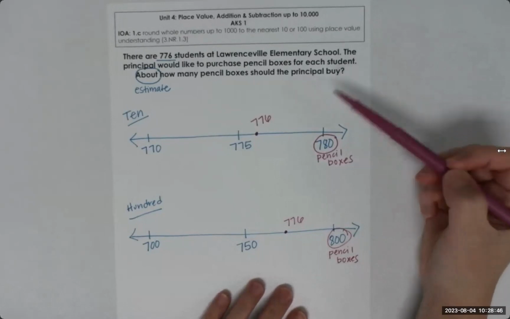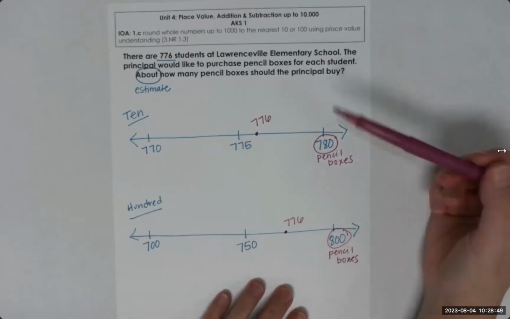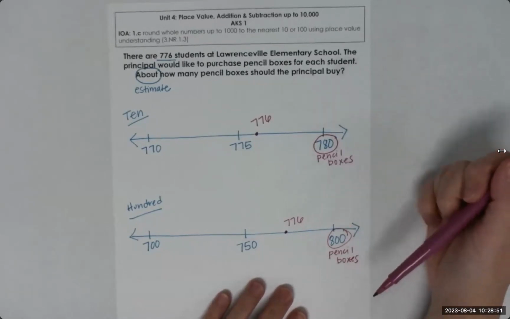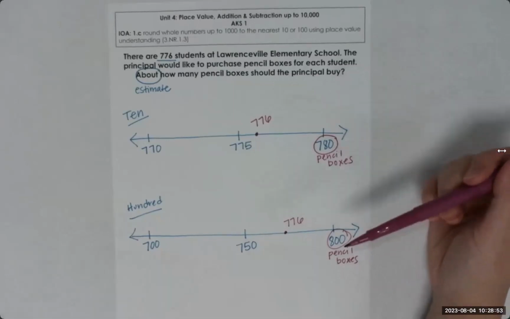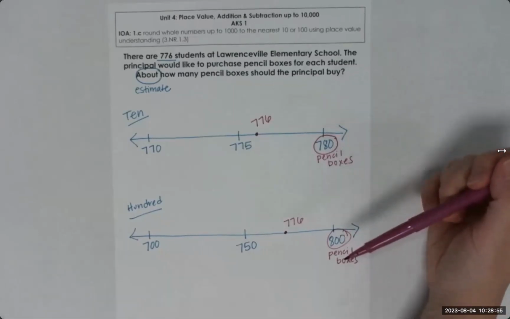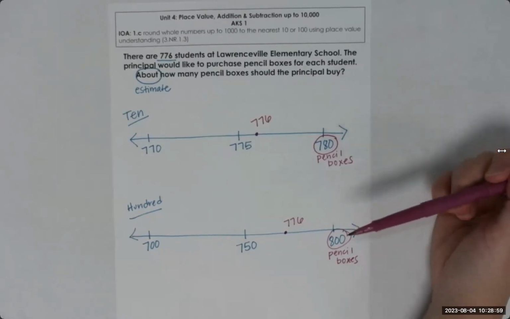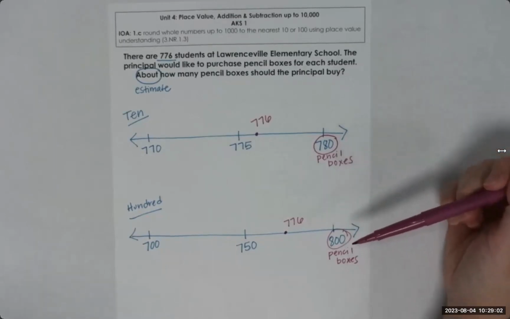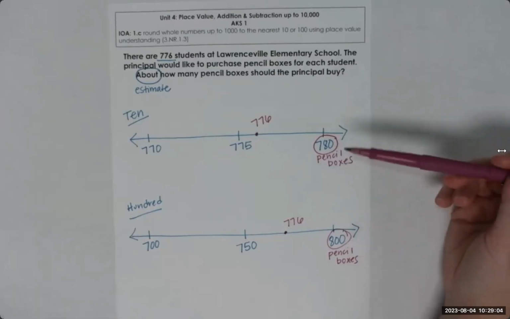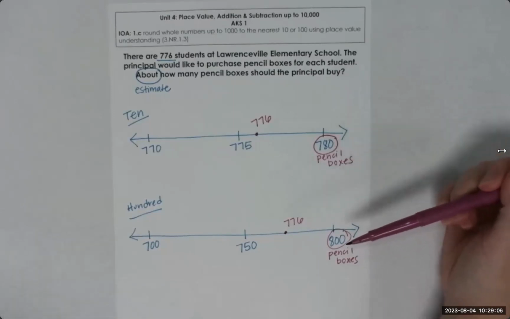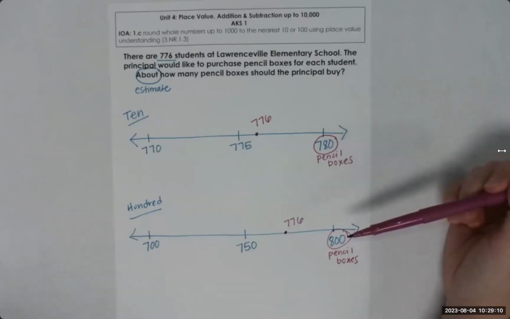I need to be able to tell that principal at Lawrenceville Elementary School, hey, how many pencil boxes should you buy? Okay, so when I take a look at this, both answers could be correct. And students are going to say, no, there has to be only one right answer. Remember, no, friends, sometimes in math, there is more than one correct answer. So sometimes we have to be on the lookout for those.